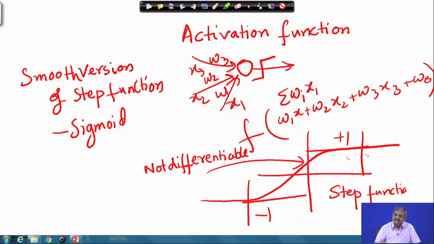Outside it is the same as the step, but here, instead of a jump, there is a smooth transition and it is differentiable everywhere, which we will need for the later stage.